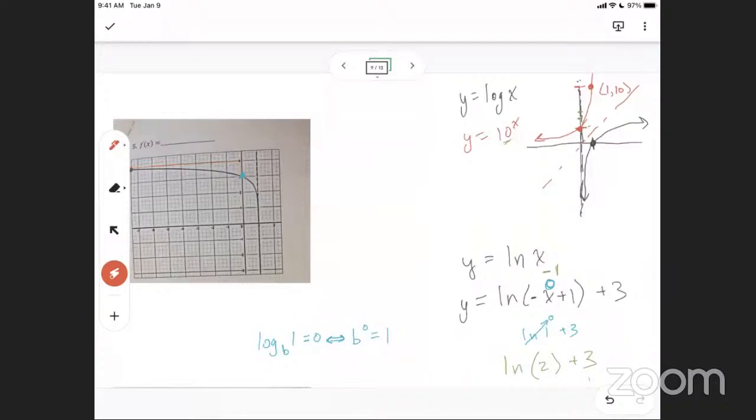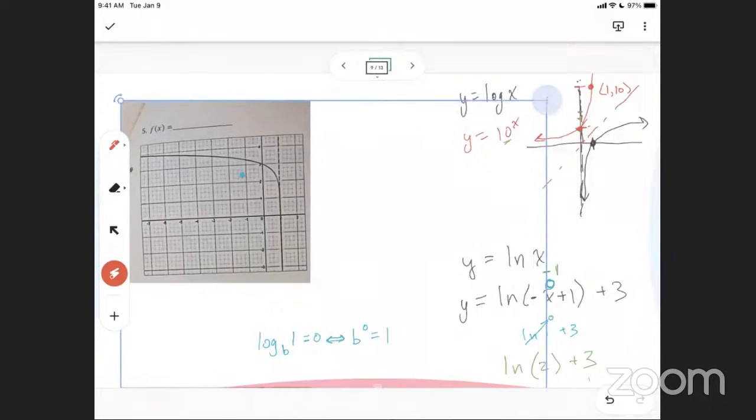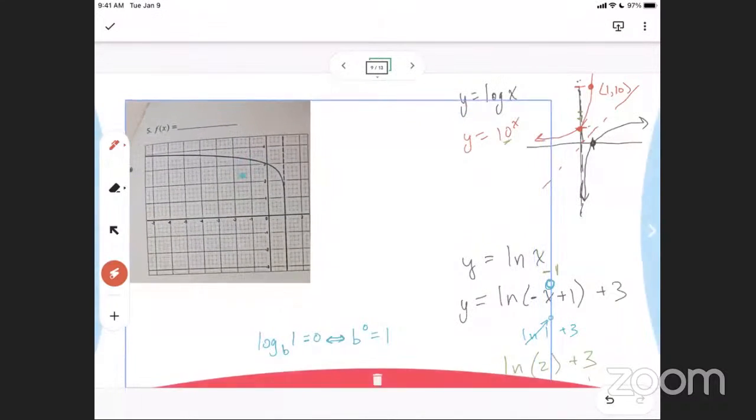Or it could be that it's just a base 9 graph or a base 10 graph. That's why it's kind of hard to tell with these ones. You can't really tell because you don't have exact values on here.